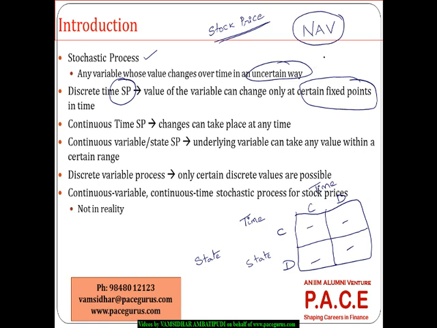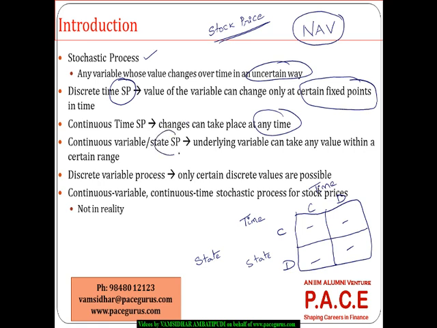Wherever the price changes only at certain fixed points in time, we call them discrete time stochastic processes. But if the value can change at any point in time, we call them continuous time stochastic processes. The stock price can change at any time during the market hours, so that is more continuous.